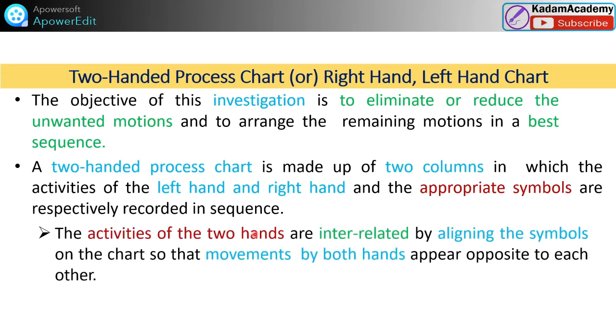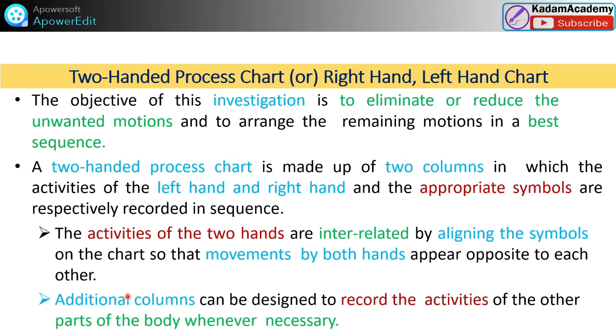These activities of the two hands are interrelated by aligning the symbols on the chart so that the movements by both hands appear opposite to each other, or not, or how they do. An additional column can also be added to record the activities of other parts of the body whenever necessary.